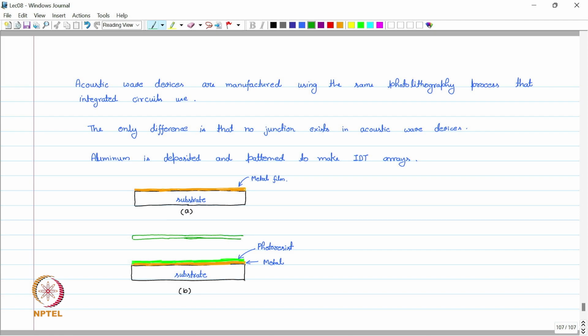The IDT structure is patterned on this mask. This is the pattern which is put on this mask. This depends on what design you have.